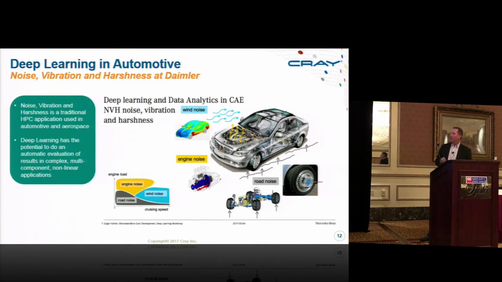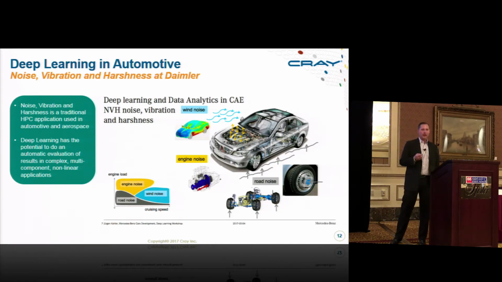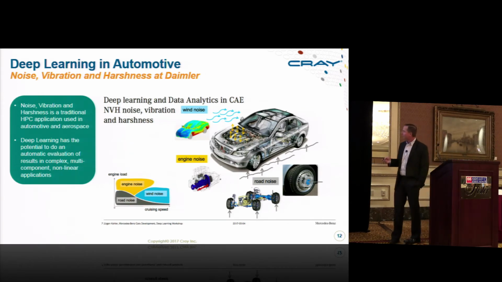So this is where we start to evaluate, instead of just a single component, systems of systems and clusters of components that comprise a system. And then we start to understand the impacts and how those components interact with each other, and then how they can ultimately impact things like the noise and vibration and harshness that the driver is going to experience within the automobile.